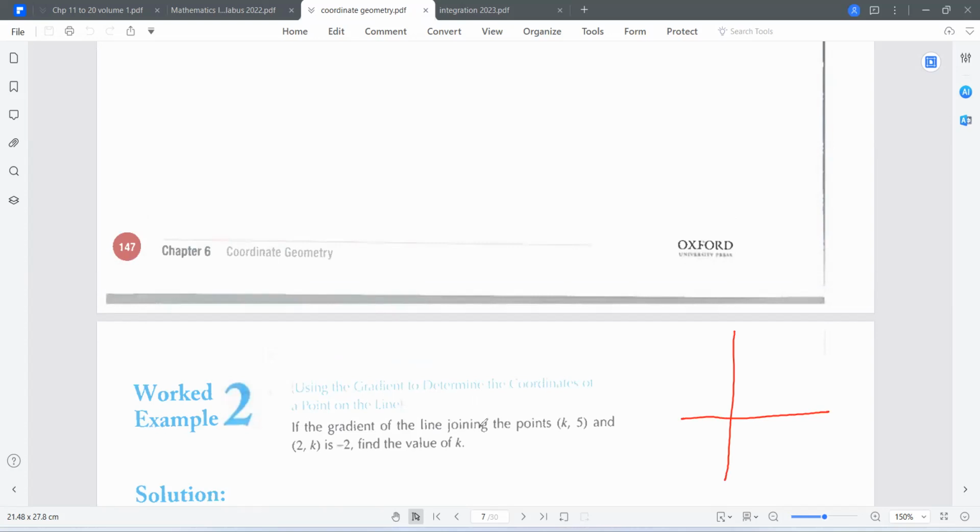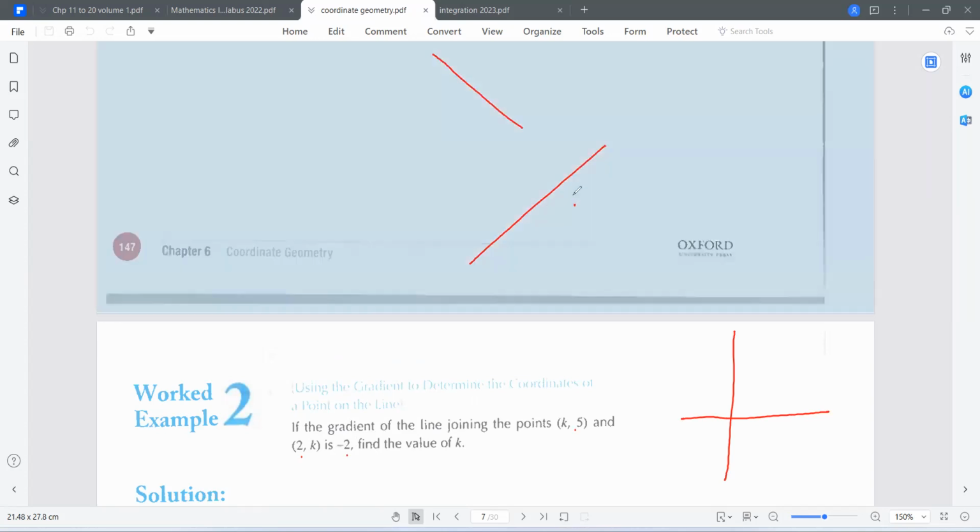If the gradient of the line joining this point and this point is -2, tell me, if a gradient is negative, will the line look like the first one or the second one? Second one, sir. That's really good.